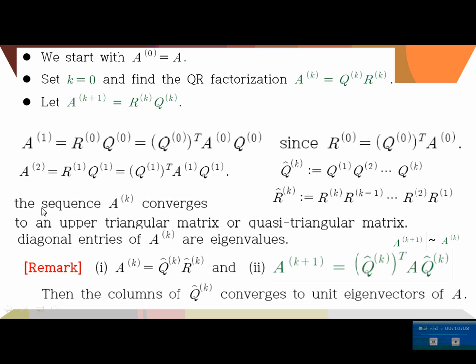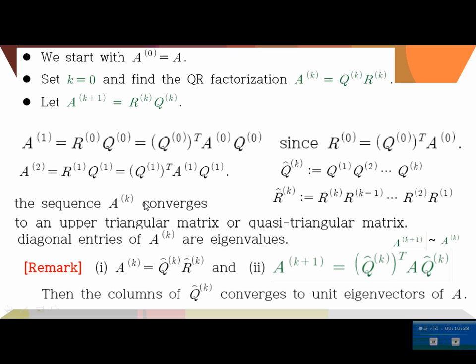It's orthogonally similar, so the eigenvalues of A_2 are the same as the eigenvalues of A. We continue this, finding the QR decomposition of A_2 and changing the position, to make A_3, which is similar to A or A_0. Then do the same thing for A_k, A_4, A_5, and so on.